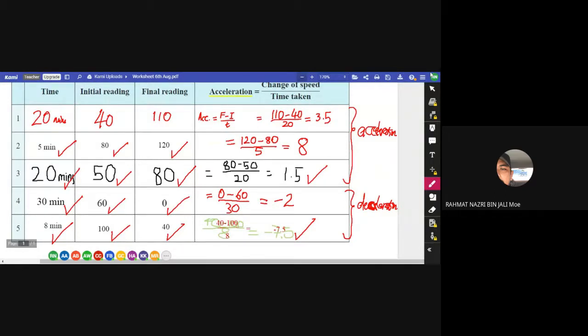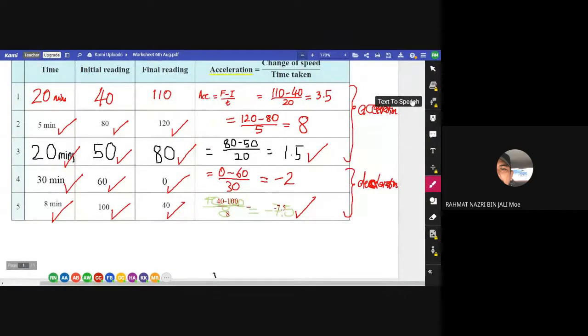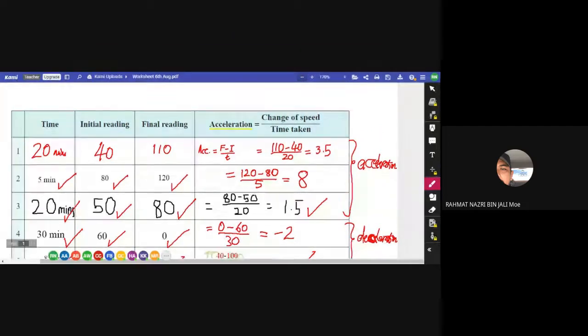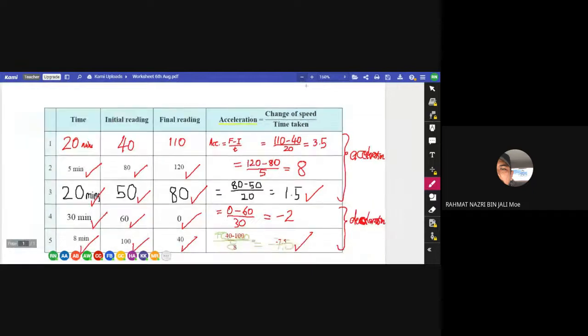I will send it to the WhatsApp group, so you don't have to stay here for a long time. Okay, thank you to the volunteer to complete this one. I will share it in the WhatsApp group if you didn't finish. Okay, I have shared it in the WhatsApp group. You can refer to the WhatsApp group if you use a computer.